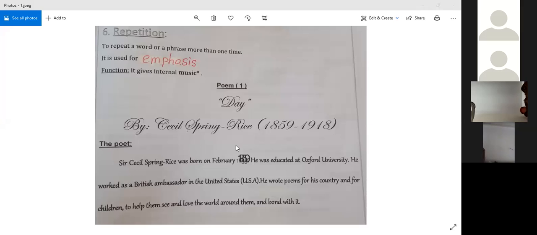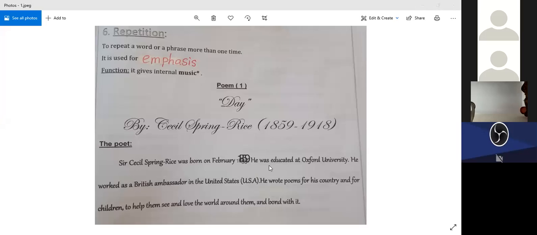Guys, let's start. So we have the poem Day. This is the title. And of course, the poet, the person who wrote this poem, his name is Sir Cecil Spring Rice. Of course, he was one of the most important poets at this time, and he was born in 1859 and died in 1918.